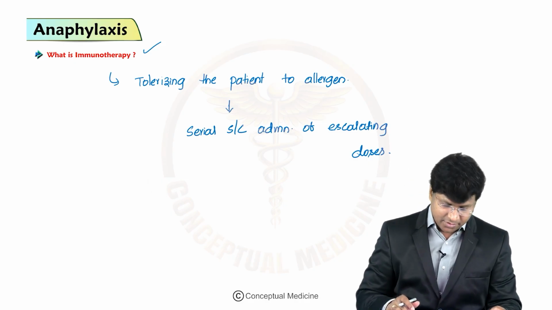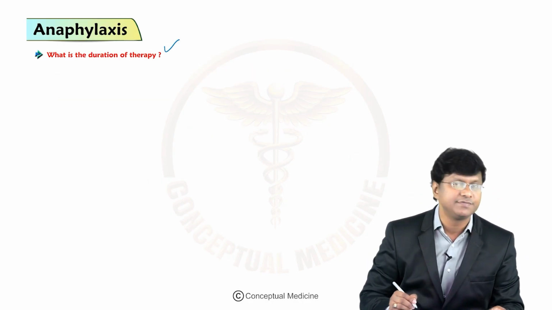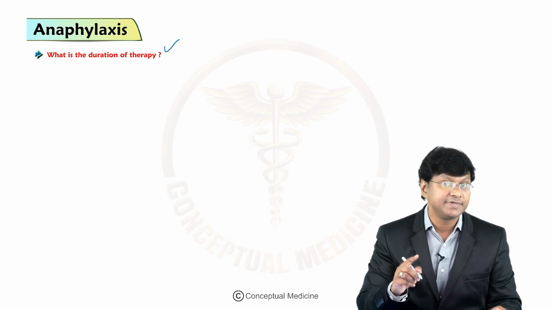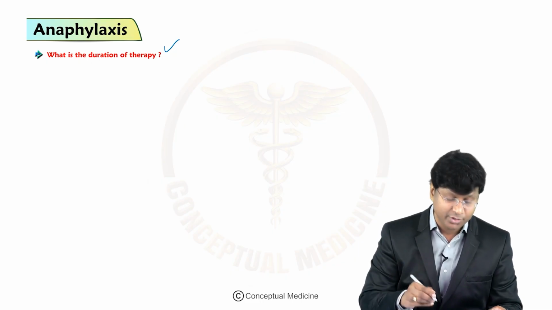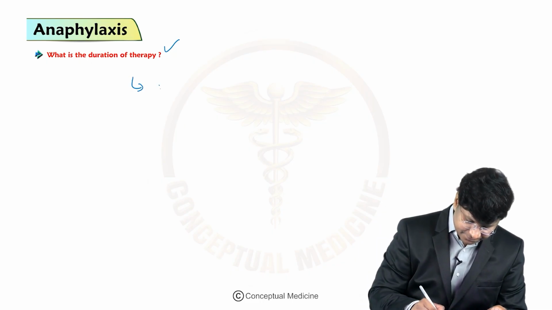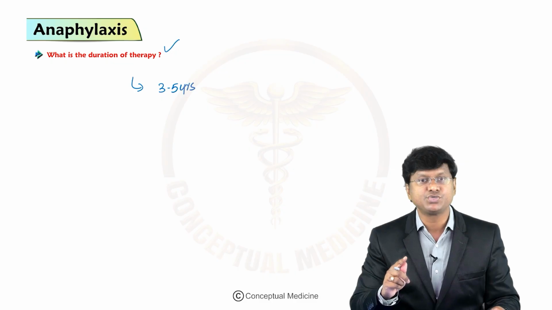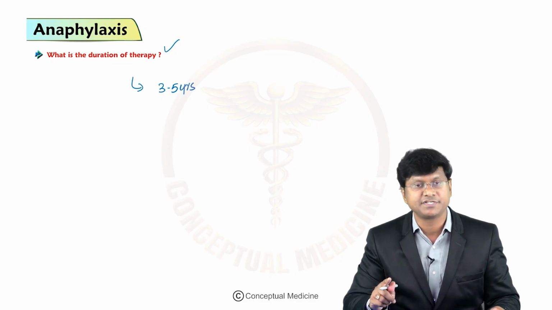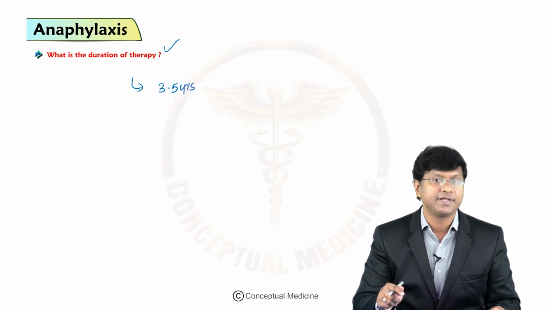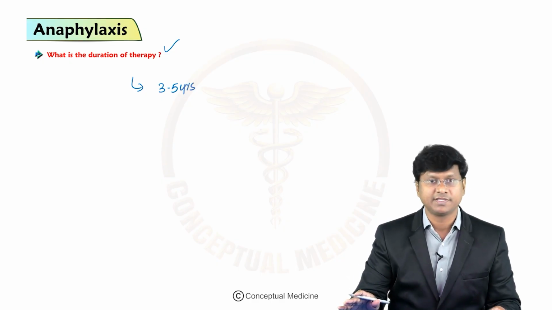Next, for how long do you need to give this immunotherapy? The recommended duration of treatment is 3 to 5 years. However, patients who have experienced severe respiratory or cardiovascular anaphylaxis are often on lifelong therapy.